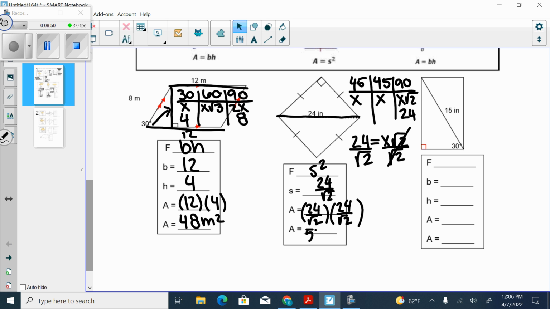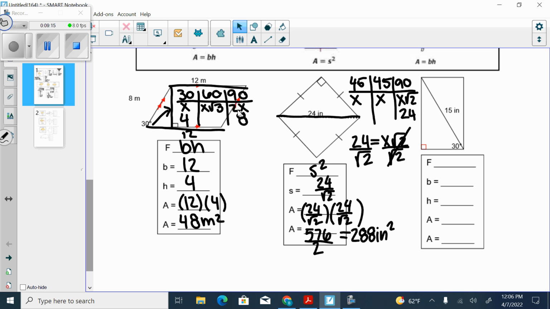So I got 576 over square root of 2 times square root of 2, which is just 2. And what is 576 over 2 going to simplify to? Good. So the area here is 288 inches squared.